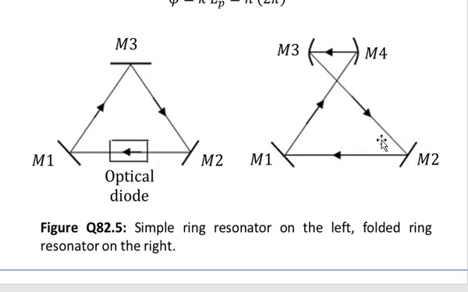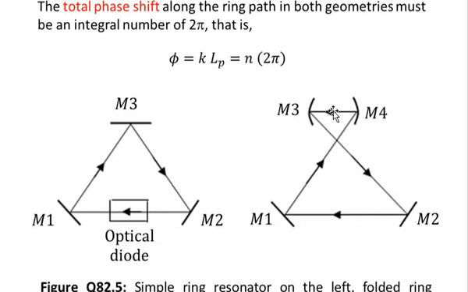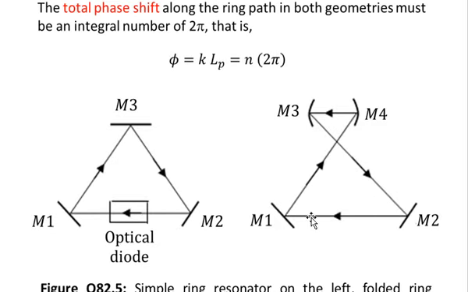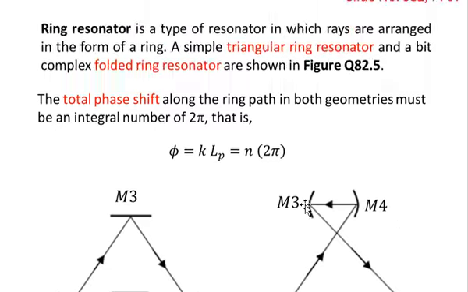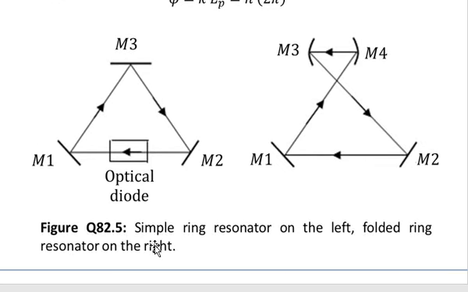And in the resonator on the right hand side, the rays can travel in both directions, that is both clockwise and anti-clockwise. The caption is: simple ring resonator on the left, folded ring resonator on the right.